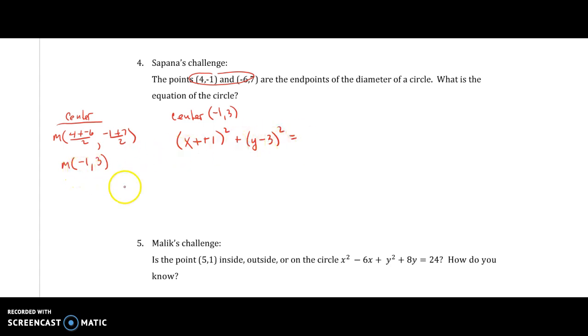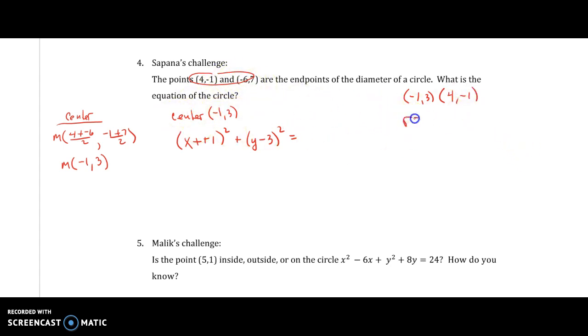Now I have to find the length of the radius. And remember, we have to use the distance formula. So we're going to take the center, which is at (-1, 3), and one of the points on the circle. I'll say (4, -1). It doesn't matter which one of these you use.